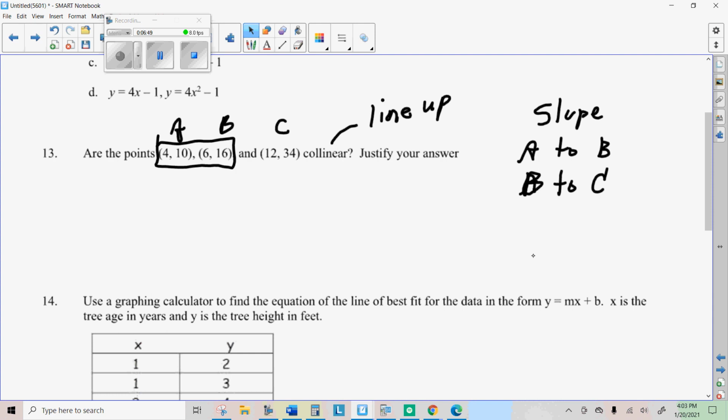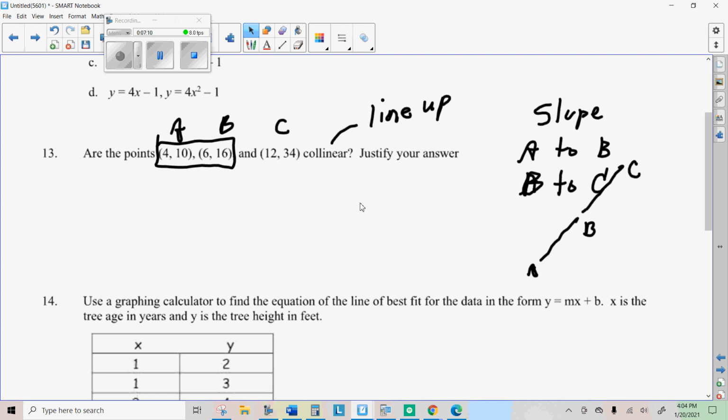What I mean by that is this. Here's A, goes up to B, and then if it continues and goes up to C at that same rate, then the line will be one long straight continuous line. So you can check the slopes. But I'm going to show you another way to do it.